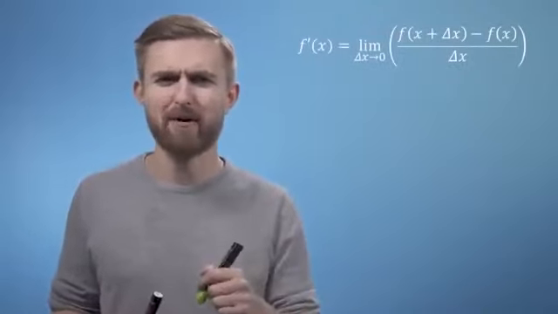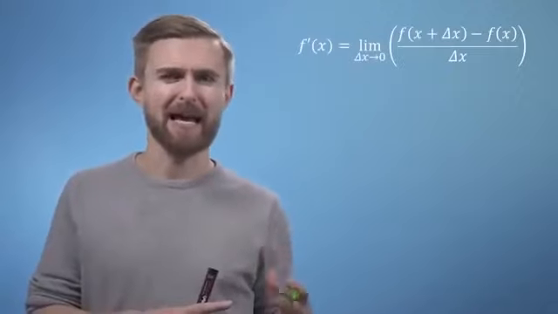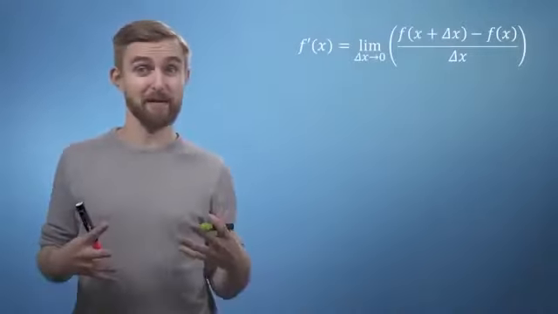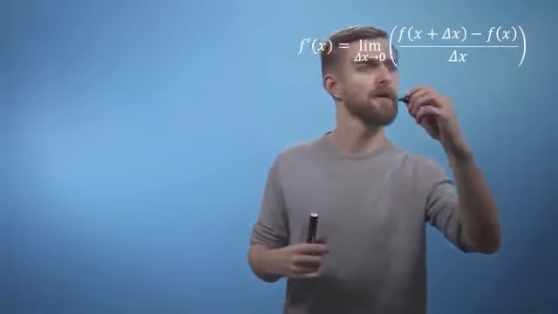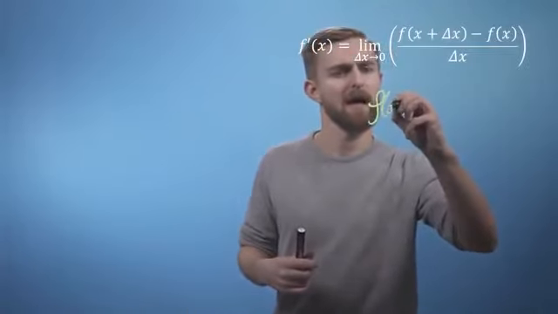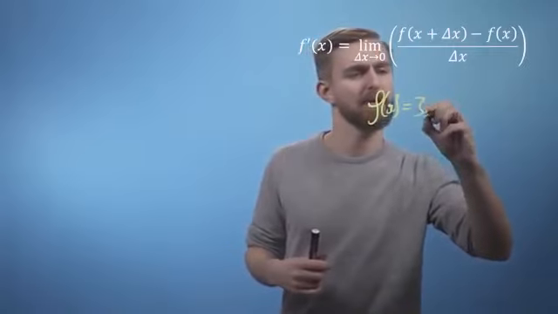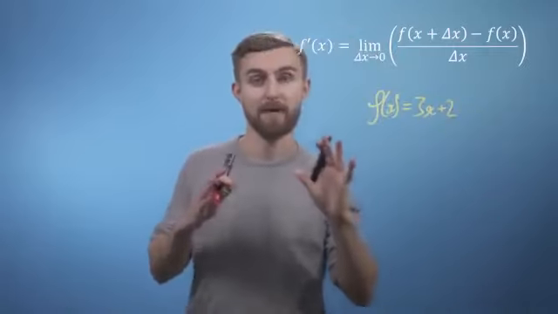First, we should try this out on a linear function once again, as we know that the answer is just going to be a constant. So, what will the gradient of f of x equals 3x plus 2 be?